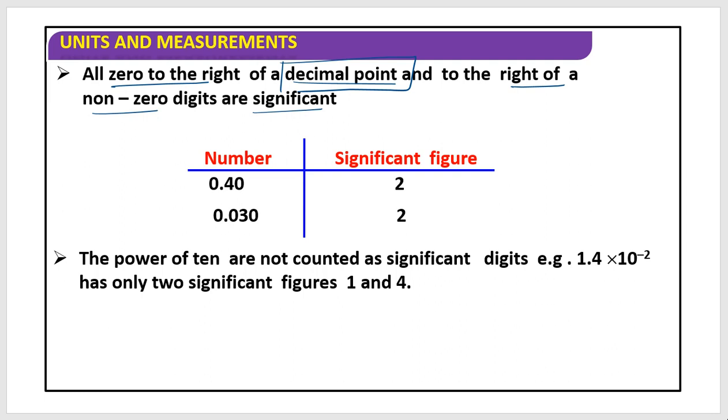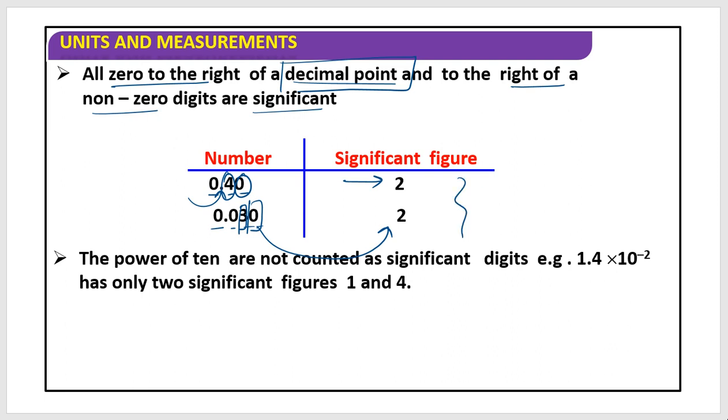If a number is given as 0.40, here the decimal is there, so 4 is significant and 0 is significant. Similarly, if a number is 0.030, here 3 is a significant digit and the last 0 is a significant digit. So the total number of significant digits in this case is 2 as well.